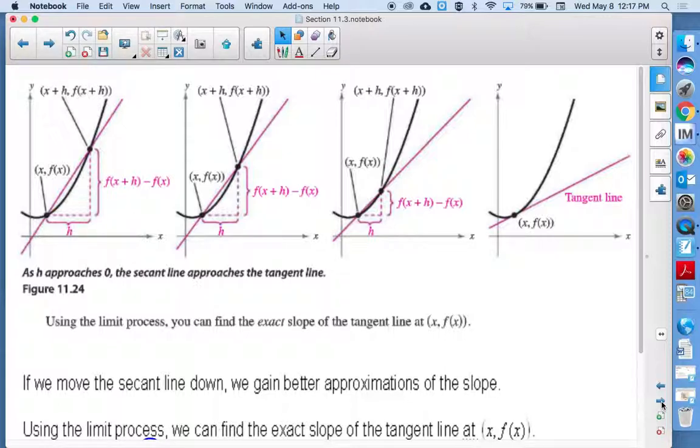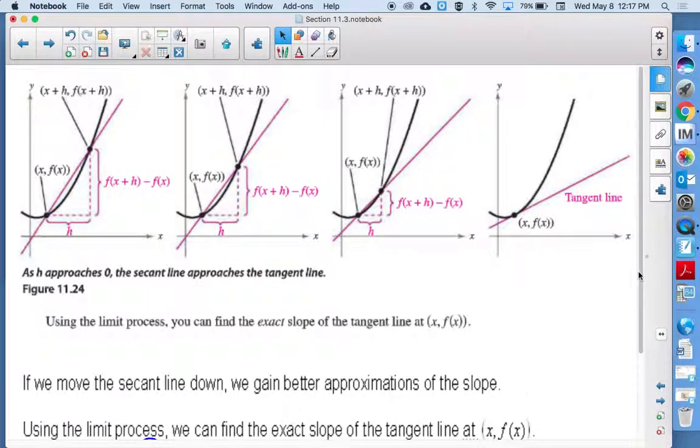So then over here in graph 3, the distance of h or the 2 points are closer together. And if it approaches 0, essentially that distance of h is non-existent and 1 point is meeting at the other point. That's how we get a tangent line from the secant line. So by using the process of limits, I've taken my secant line, which is 2 points somewhere on the graph, and squished them together to be 1 point on the graph.